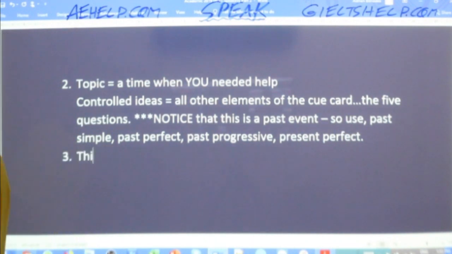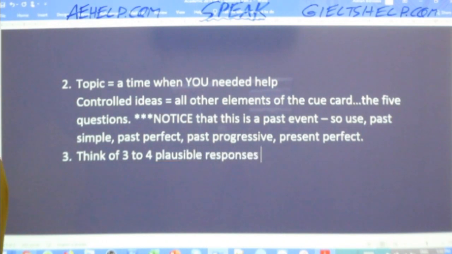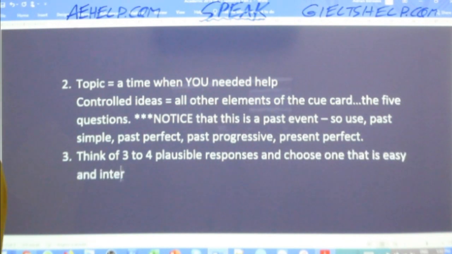So think of 3 to 4 plausible responses and choose one that is easy and interesting to talk about. Interesting is not the same as unique, but you get the idea.